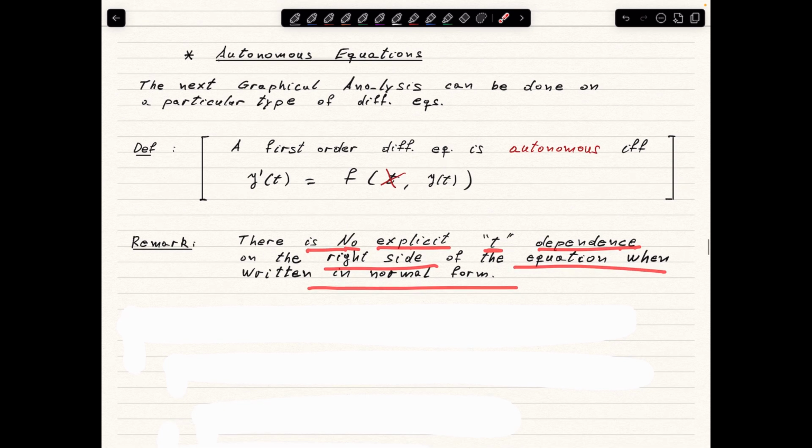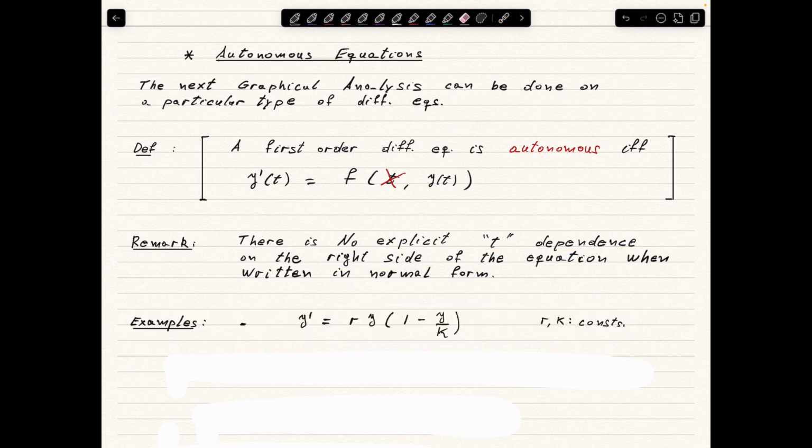For example, the logistic equation is autonomous because this is a constant and this is a constant, and the only dependence on time is through the unknown function. The linear growth or decay equation with a linear term is also autonomous if these are constants.